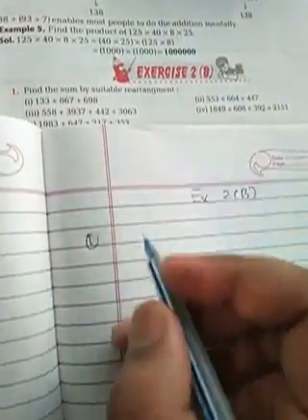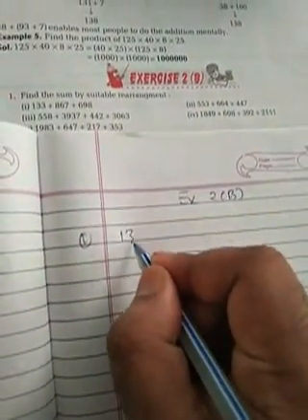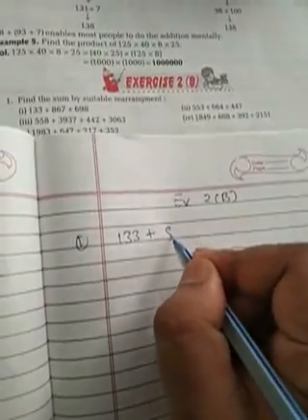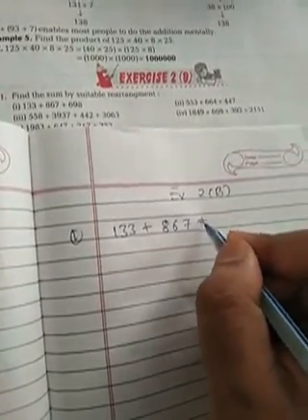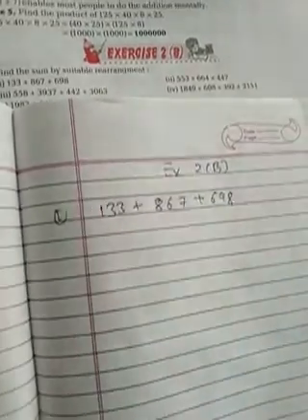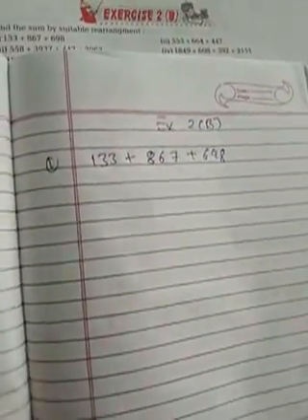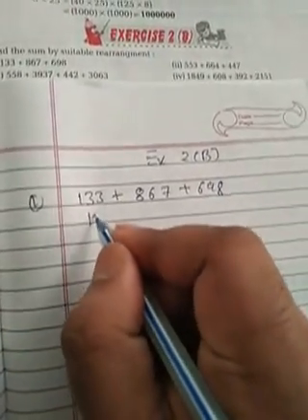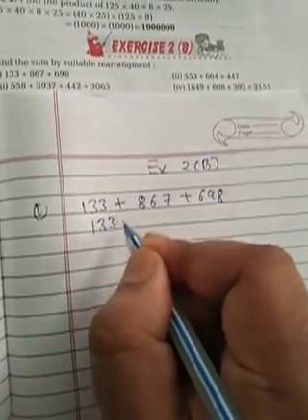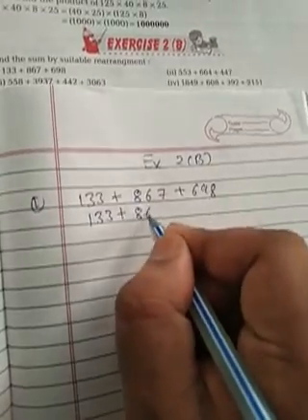Find the sum by suitable arrangement. Our first question is 133 plus 867 plus 698. We have to solve it by suitable arrangement. First we add 133 plus 867.